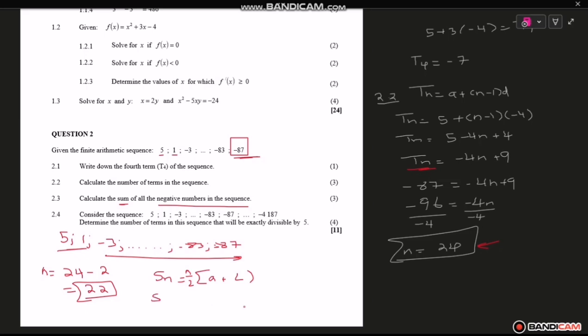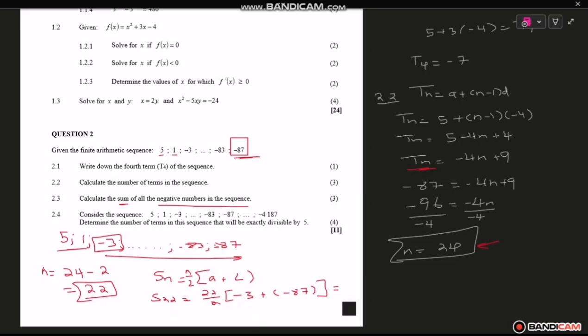Therefore, S22 equals 22 over 2 into a, which is -3 here, since this is the first term of the negative values, -3 plus the last term, which is -87. Then you show your substitution, then you use your calculator. It will give you -990.